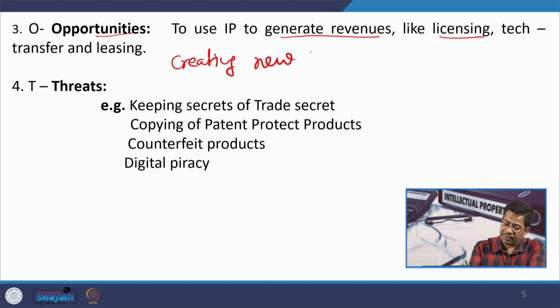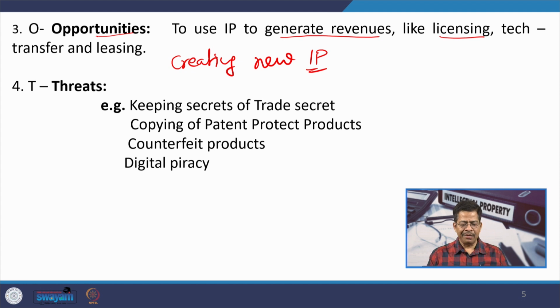For example, at IIT Roorkee, when we started working on creating an IP culture, we realized that a large number of professors and researchers are doing their research and publishing papers. It is part of our IP portfolio, but it is a weakness also, because when you publish your paper, your knowledge is available everywhere without any protection.